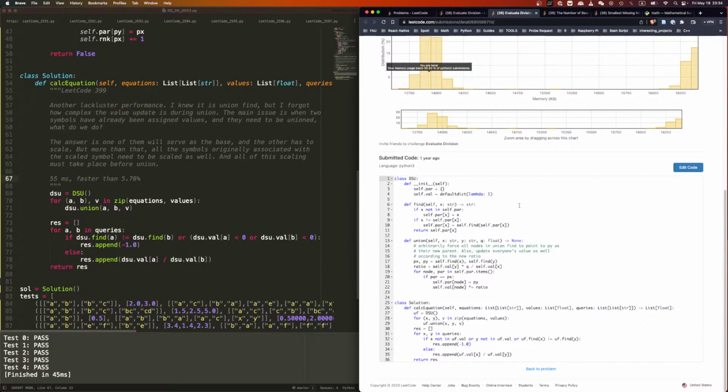Then if everybody uses Py as the parent, this actually solves a lot of the issue. We don't have to go through all this. If everyone uses the same thing as the parent, and each time we do it, we update every single thing.